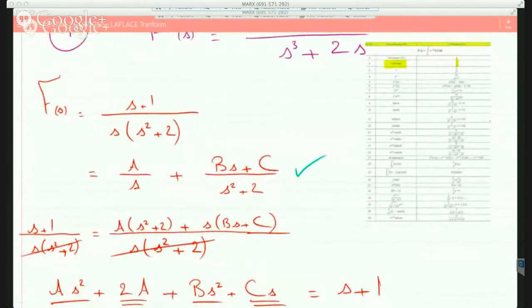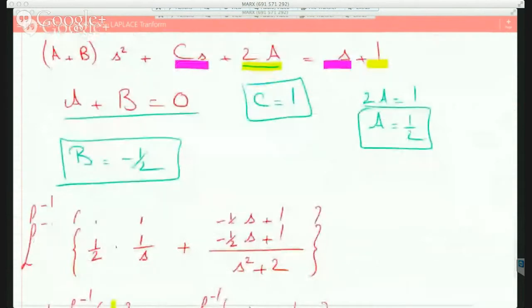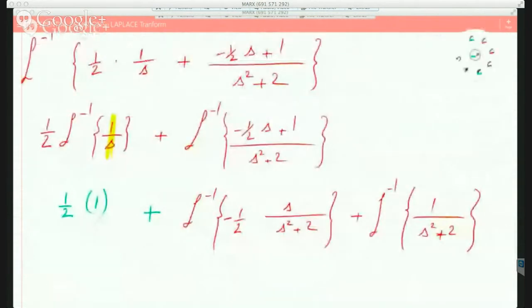So this is number 10, s over s squared plus a squared. Because I could rewrite this as s squared plus root 2 squared, because root 2 squared is 2.